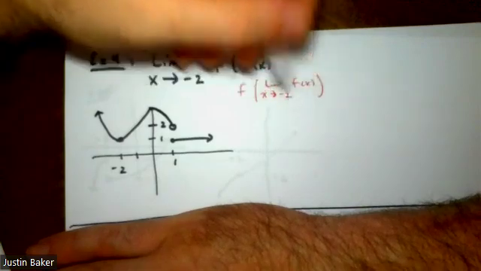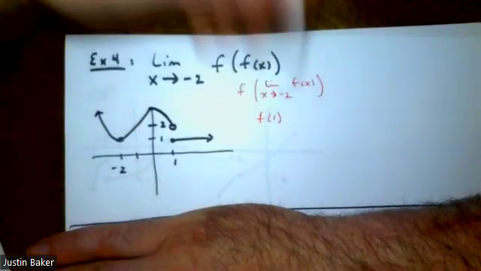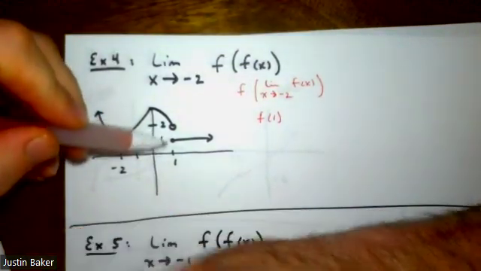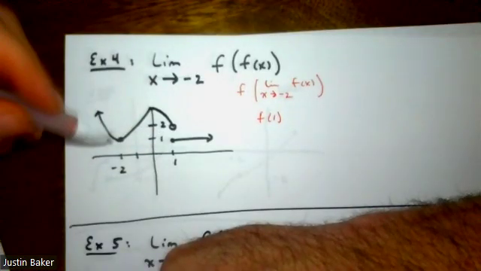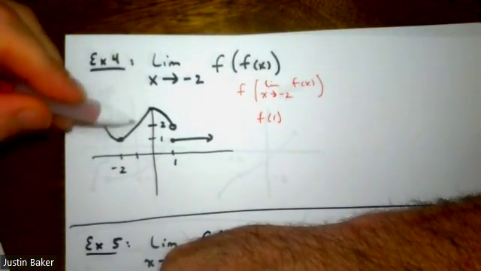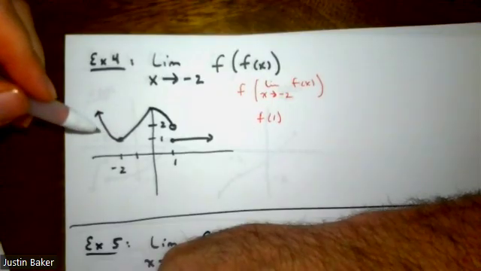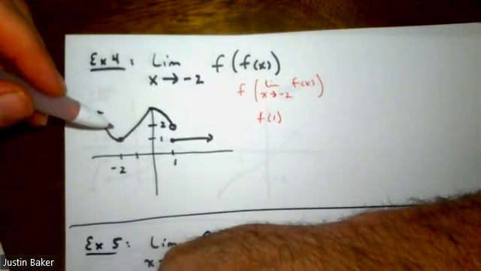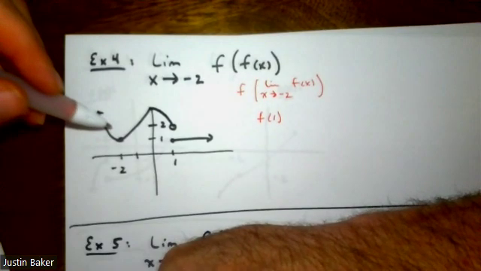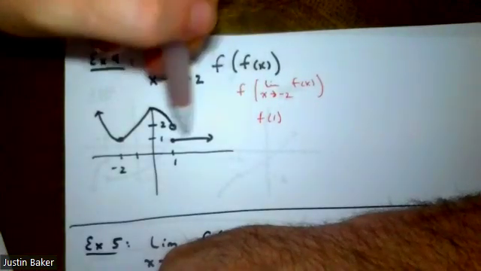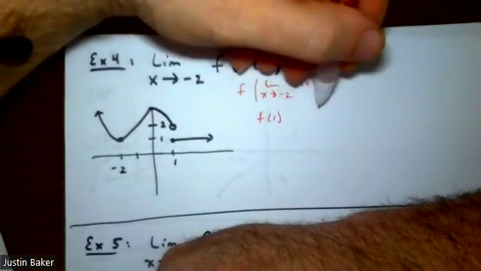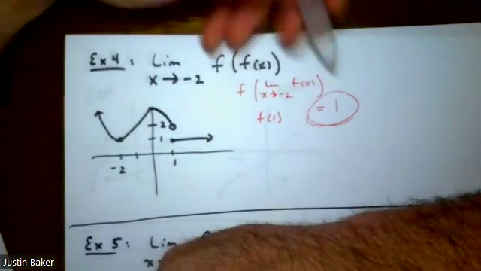And then f of 1, we go look over here, but it's not connected, it's not continuous. But what was the original story? These were both from above. And if it's both from above, then we can say that's the same thing as from the right. So as we approach this from the right, that's going to give us an answer of 1.